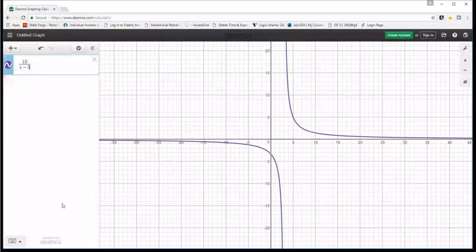Sometimes you'll be asked as part of the problem, okay, you found the domain and range, when is the range increasing? For what values in the domain is the range increasing? And if you show it on a graph here, you can see that the range is increasing. Well, we're very close to 0 here.